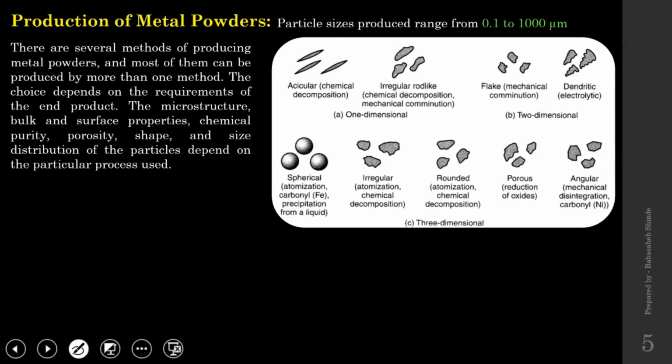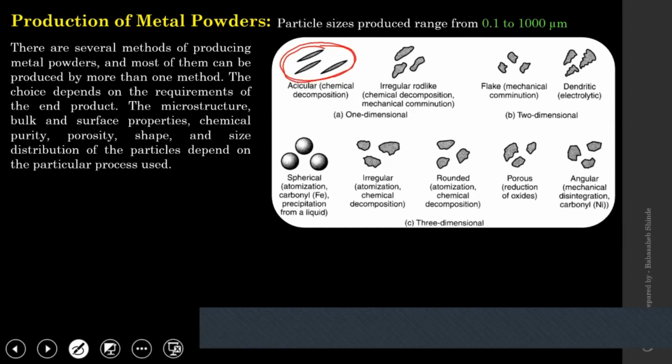There are various techniques, and each technique provides different shapes of powders. If you want elongated particles, the technique available is chemical decomposition. For irregular rod-like shapes, you can go for chemical decomposition or mechanical comminution.